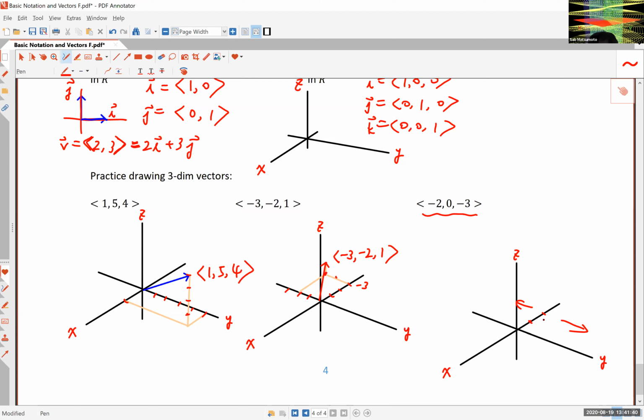I would draw a line perpendicular to the bottom of the page, which is the same direction as the z-axis, and I'm supposed to go -3 units here. So it ends up like this arrow here.